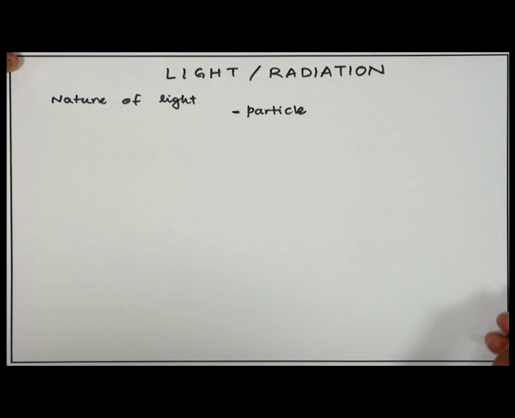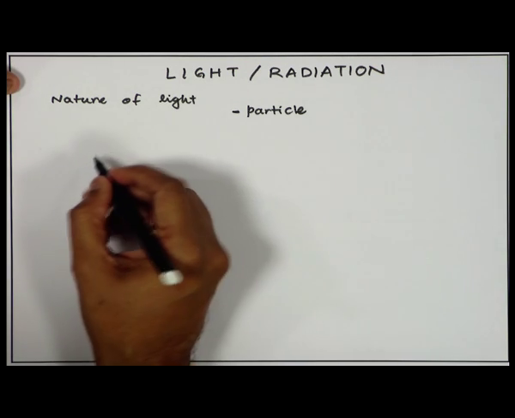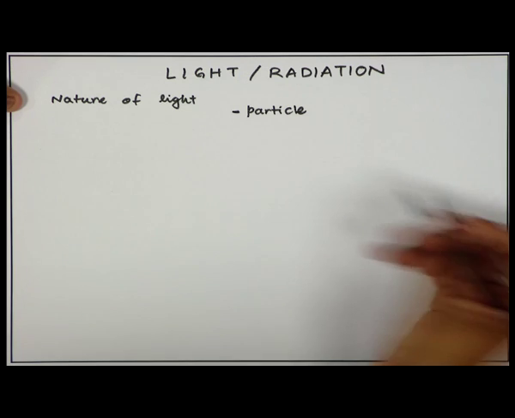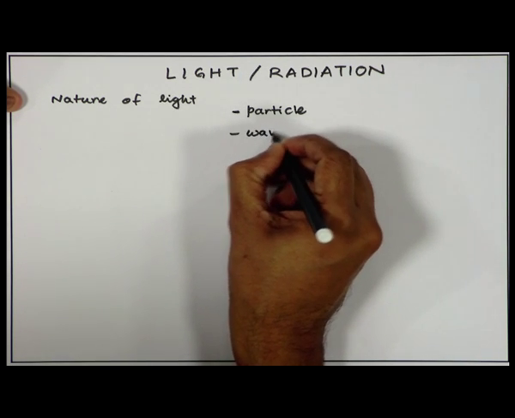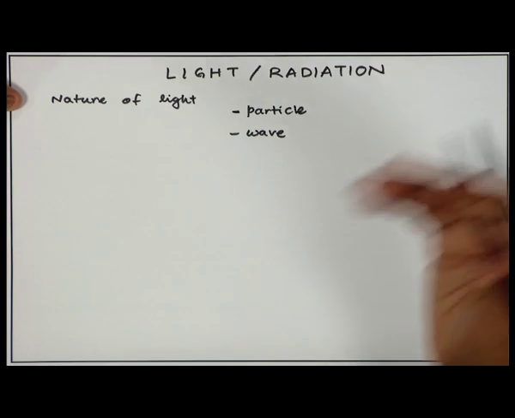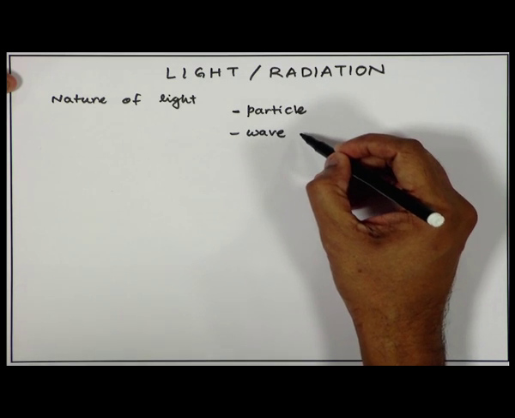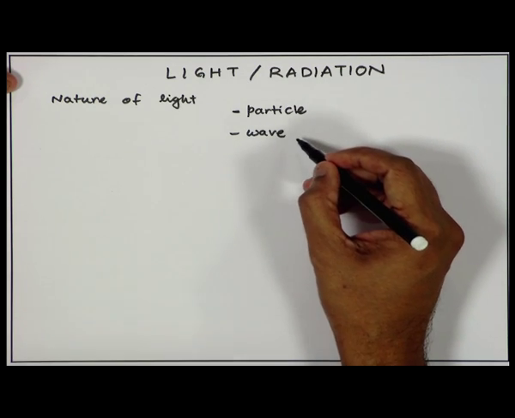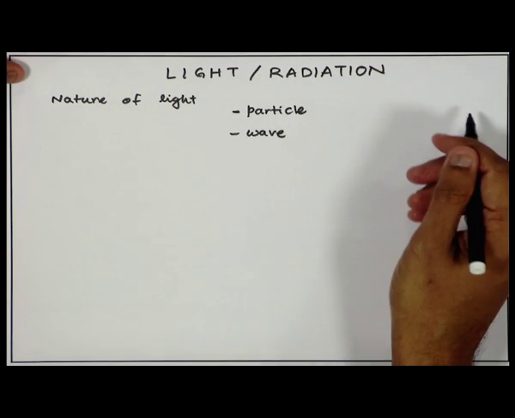Then afterwards, several experiments showed that light has wave-like properties, because light showed diffraction and interference, which are typical wave properties. So, since light showed diffraction and interference, it was believed that light behaves like a wave.